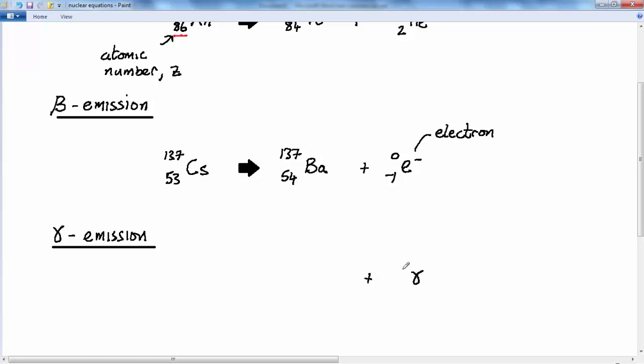It's therefore got a 0 mass number or nucleon number, and it's got a 0 atomic number. It's not got a charge on it. Okay, so clearly this means that any type of radioactive emission which involves only a gamma particle, well, the element will not change. It cannot change because there is no change in the atomic number.